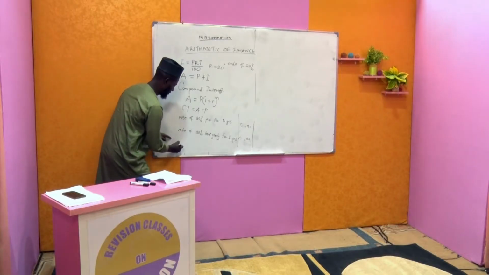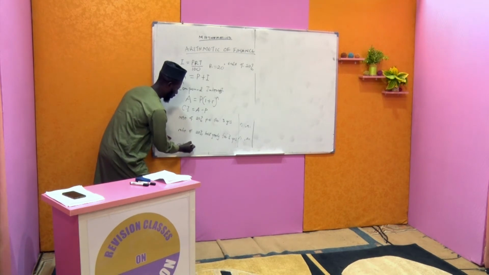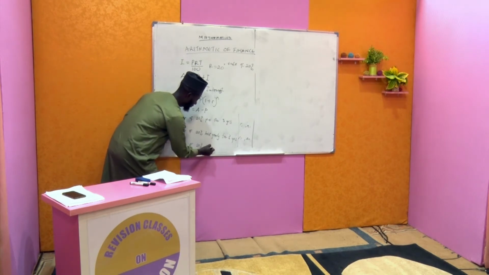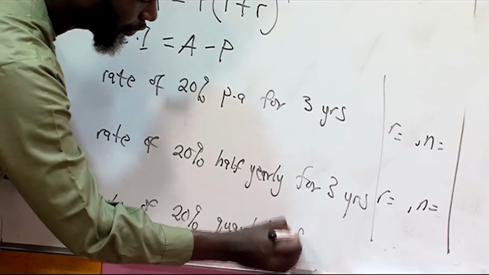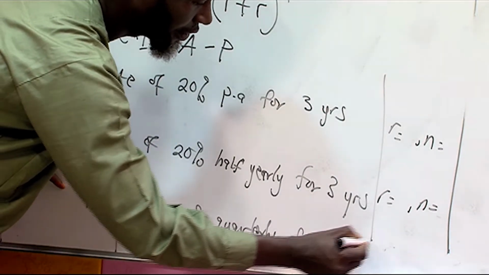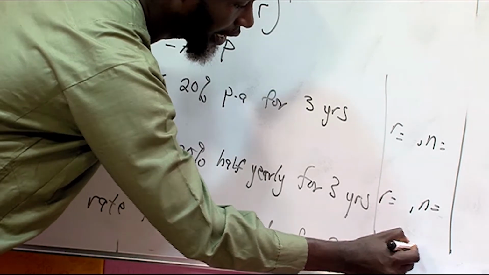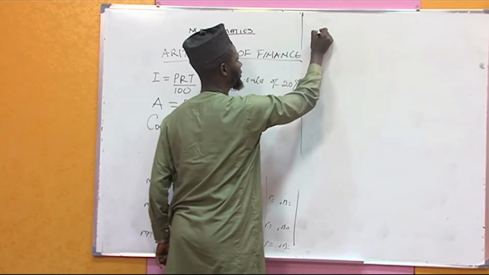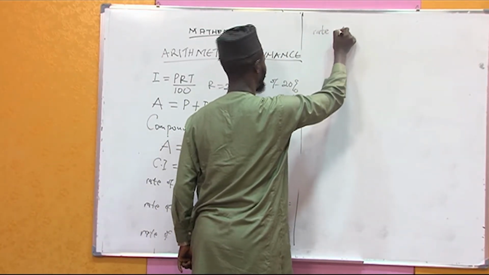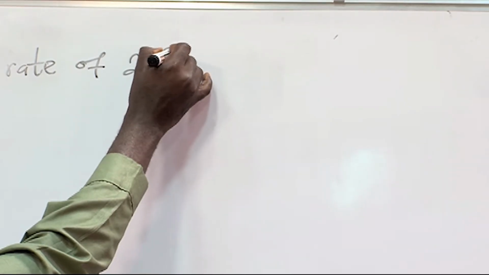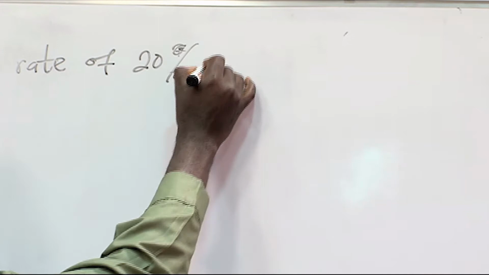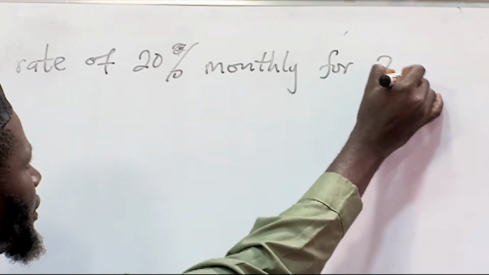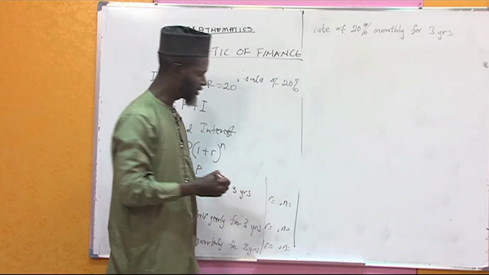Now the next one, if you are given a rate of 20% quarterly for 3 years, then you are still looking for your R and your n. Now the last but not the least, if you are given a rate of 20% monthly for 3 years, how do we determine our R?